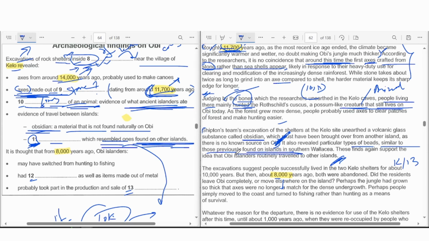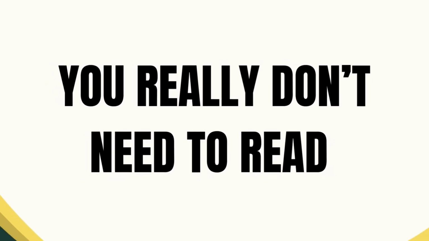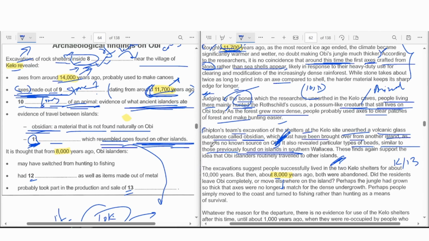But if you waste your time and start reading from here to here, you will become confused, because you are reading a lot of information you really don't need to read. So don't confuse yourself. Save your time and find the answer in the right way and with accuracy. So, revealed particular types of beads. The answer will be the beads, similar to those previously found on the islands, the resembled ones. The answer will be the beads.